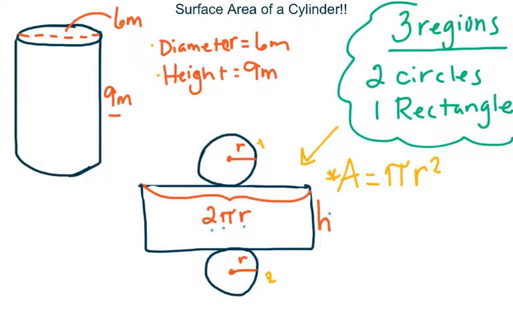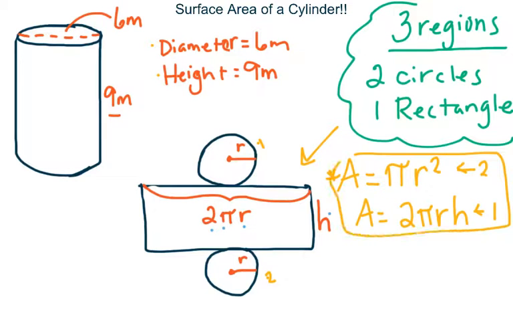So I'm going to write my other area equation over here, which would be my length, or 2 times pi times radius, times my height. So we have to have 2 of these and 1 of these. These are my main formulas that I am using.